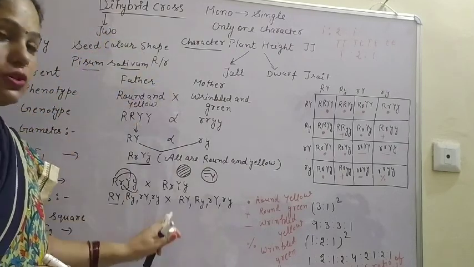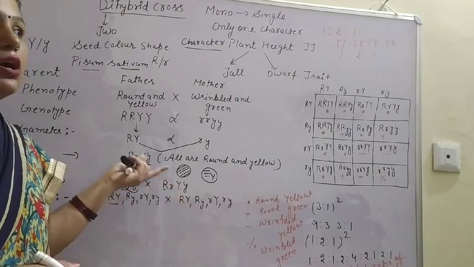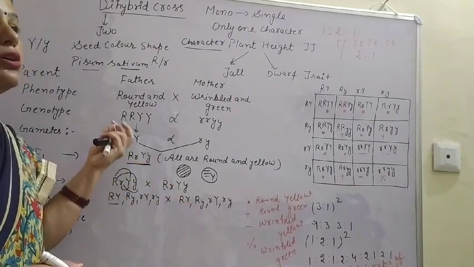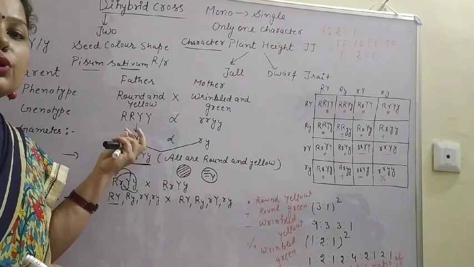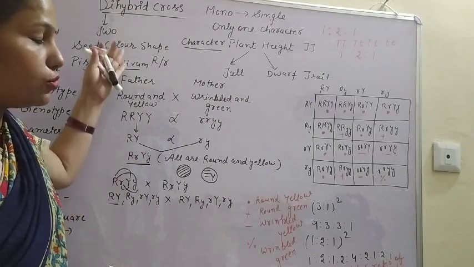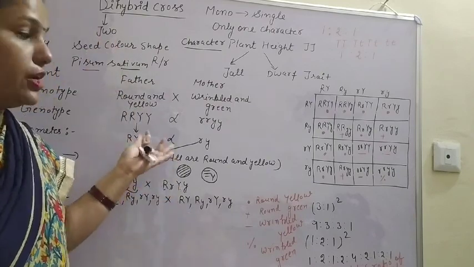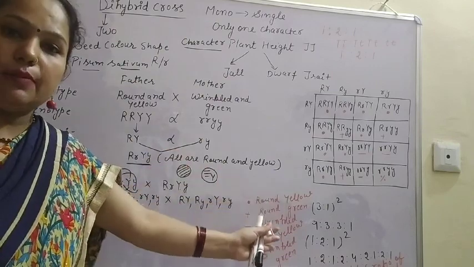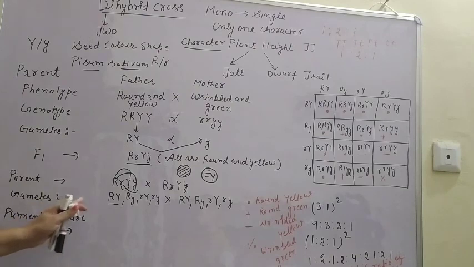So you can draw this cross. You can take any other example, like plant height and flower color, or flower position, pod shape and pod color. So different characters. Out of those 7 characters, if you take any character, the ratio will remain the same. So firstly the F1 generation, then the F2.